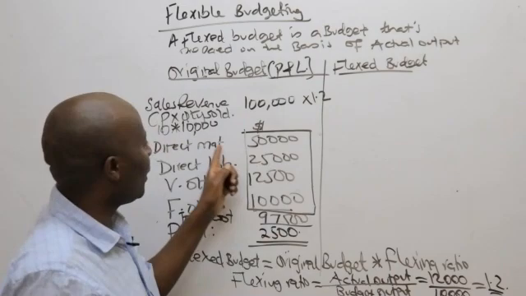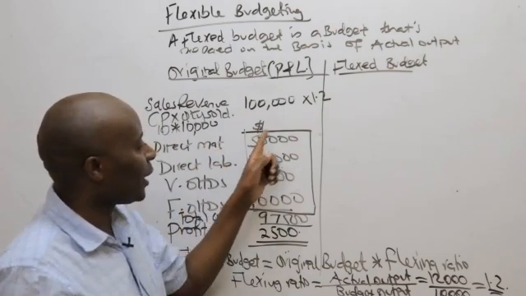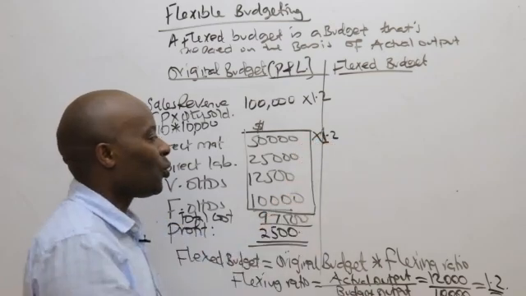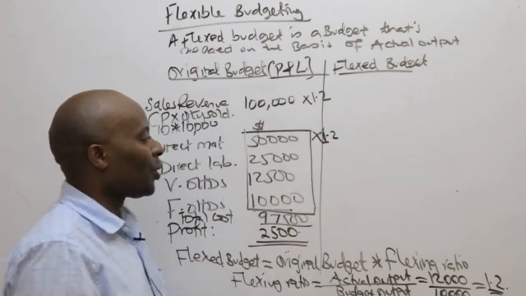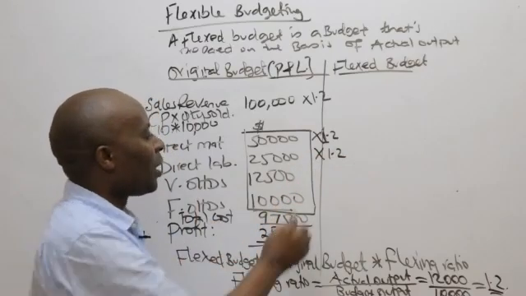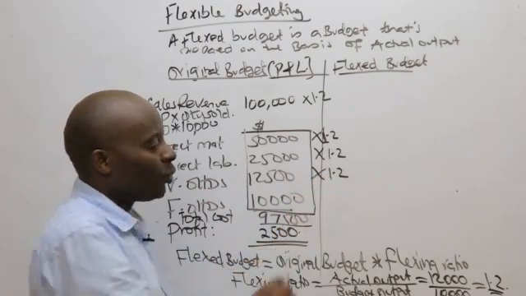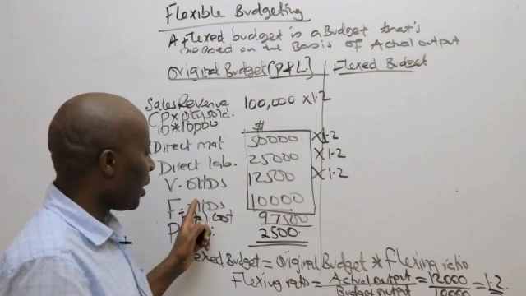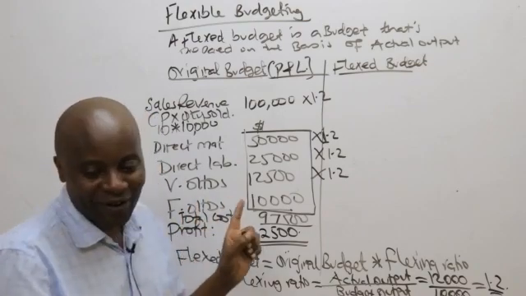We have direct materials 50,000 times 1.2. You multiply this with the flexing ratio. Then we have variable overheads. We have to flex this one by multiplying it with 1.2. And then, ladies and gentlemen, lastly, we don't flex fixed costs.